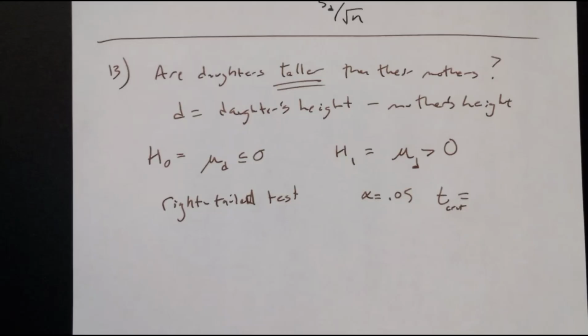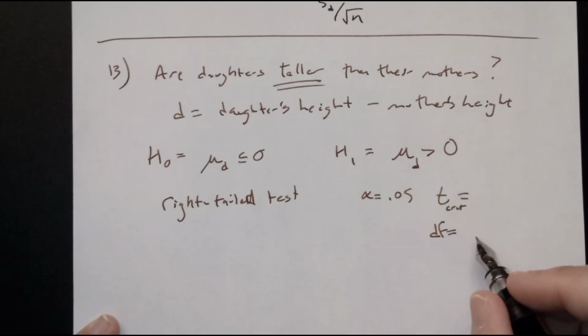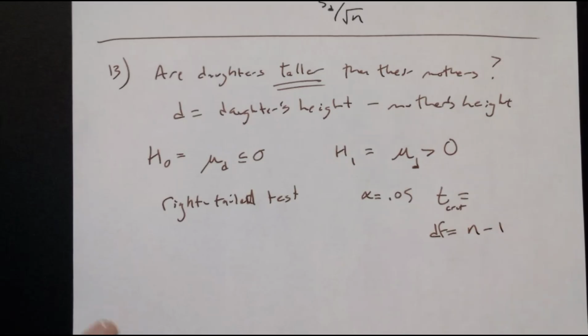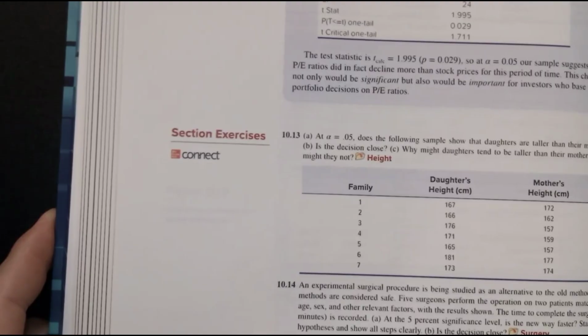The degrees of freedom. And degrees of freedom is the number of samples minus 1. So I go back to my data over here. There are 7 families. My degrees of freedom is 6.